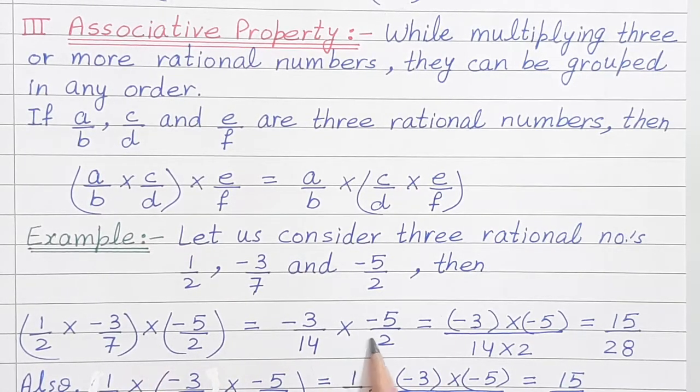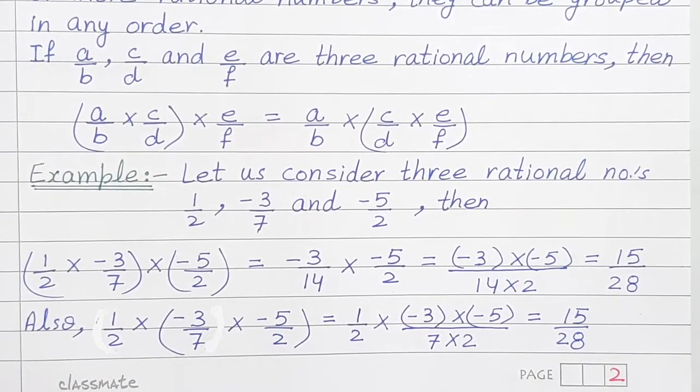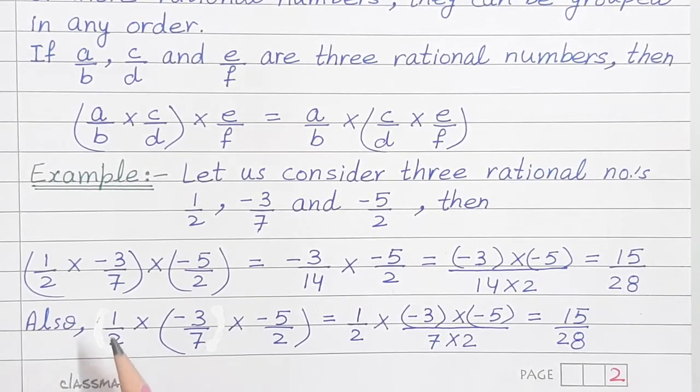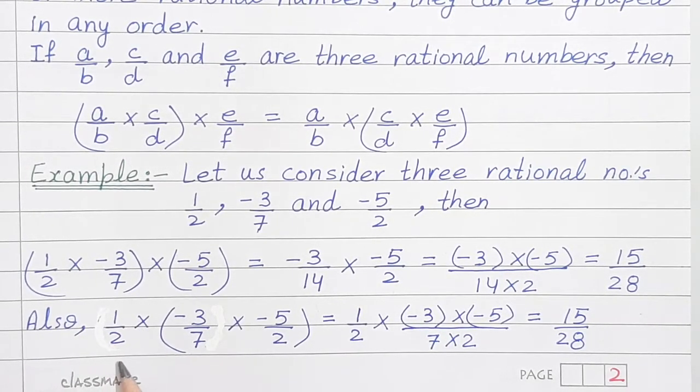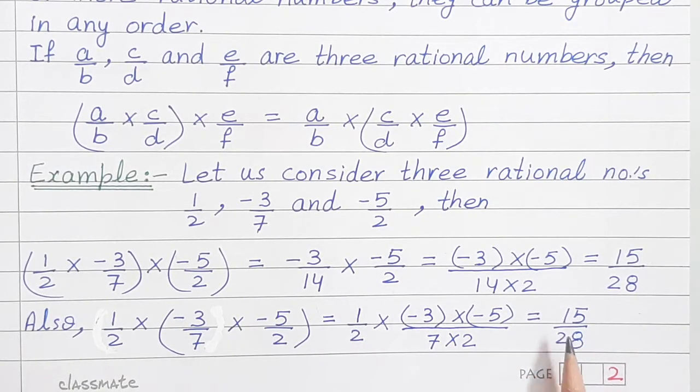And it is multiplied by minus 5 upon 2. So the answer is 15 upon 28. Similarly, when we solve the right hand side, that is keeping 1 upon 2 outside the bracket and multiplying the last two terms, minus 3 upon 7 into minus 5 upon 2, again the answer is the same. So that means the associative property holds for multiplication.